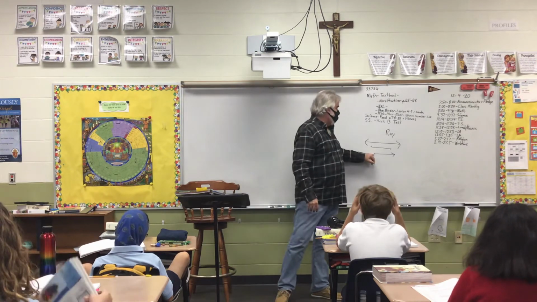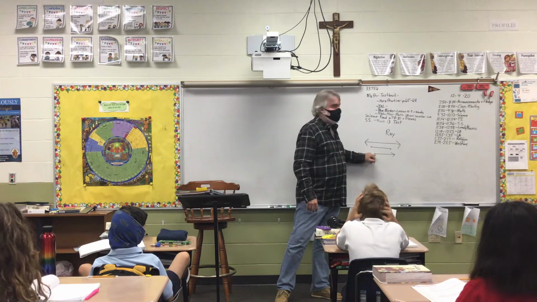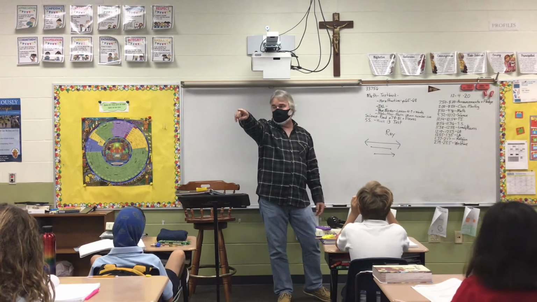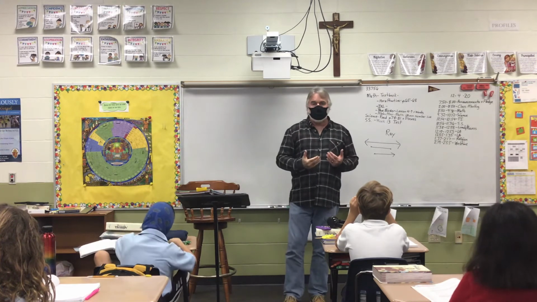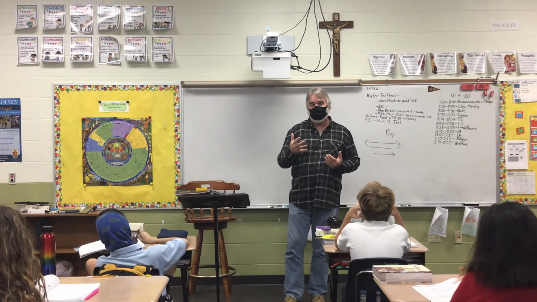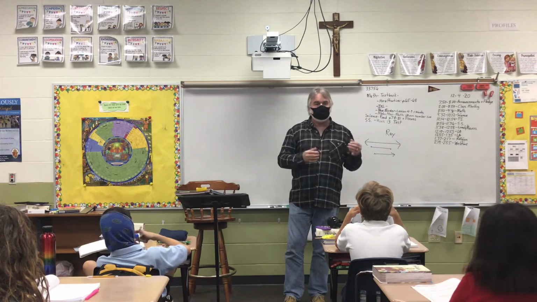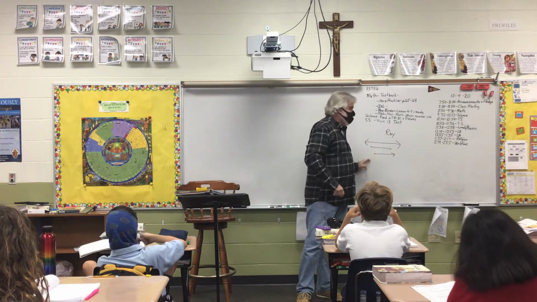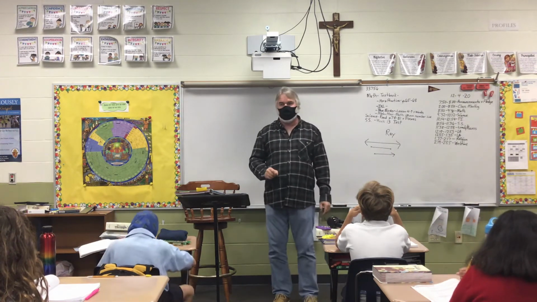A ray has a beginning but no ending, where it goes in one direction forever and ever. It starts someplace. Now, when they're talking about light rays, you have a source, that is your starting point, and then the ray goes from there.